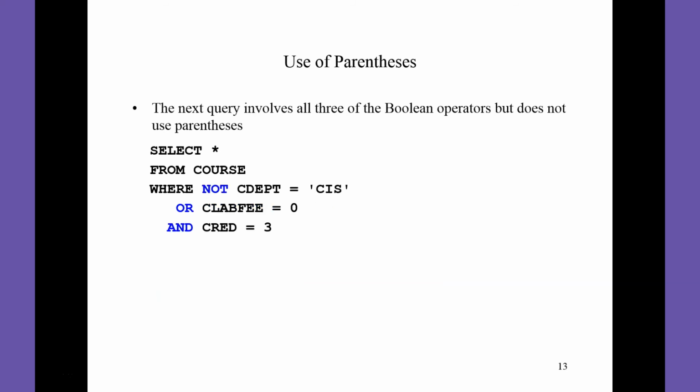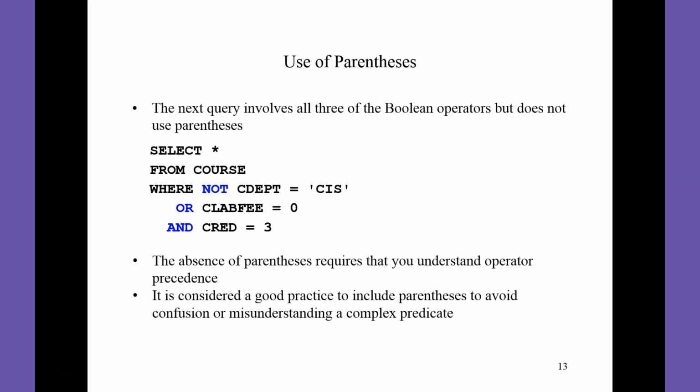This next query involves all three of the Boolean operators, but it does not use parentheses. The absence of parentheses requires that you understand the operator precedence in order to determine what this query is going to accomplish. Note that it's considered a good practice to include parentheses to avoid confusion and misunderstanding of a complex predicate.